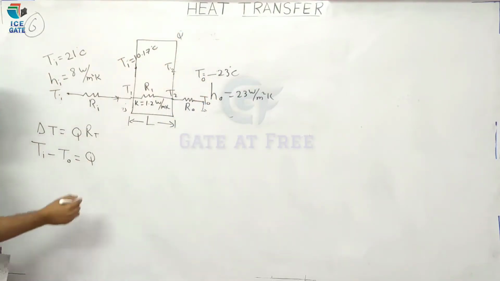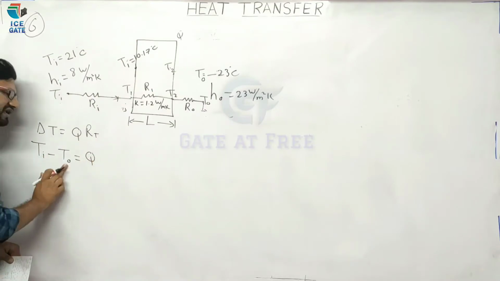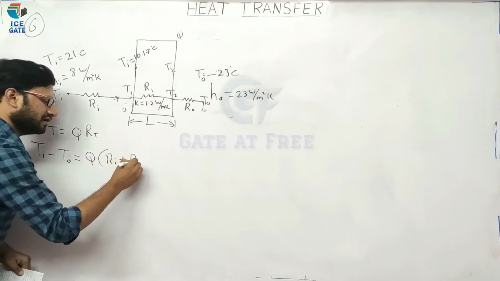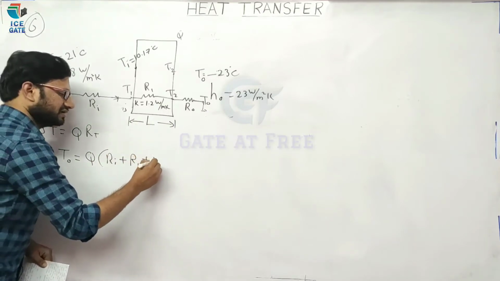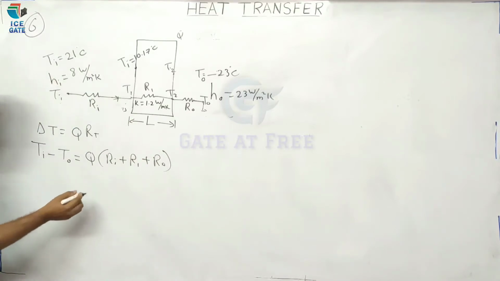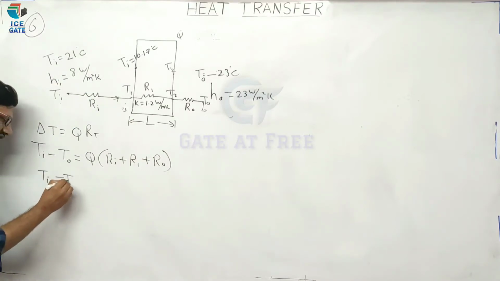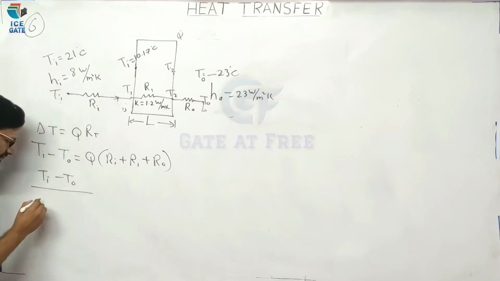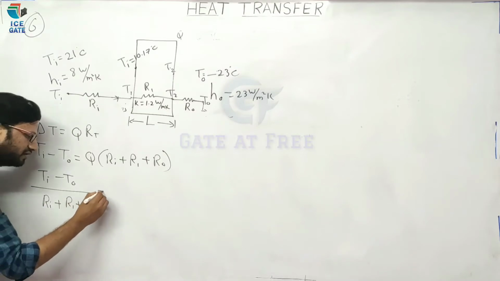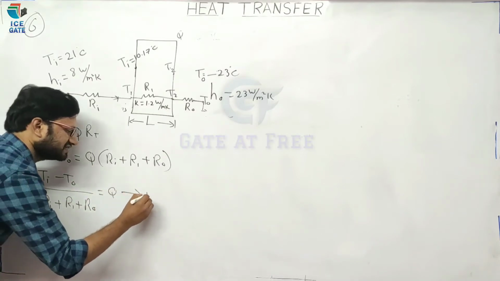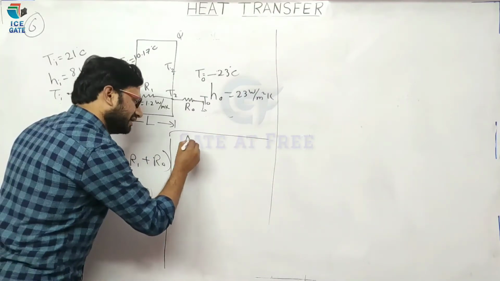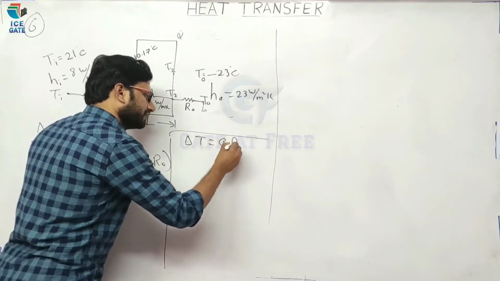Now what are the resistances in between Ti and T0? Ri plus R1 plus R0. Now Ti minus T0 divided by Ri plus R1 plus R0 equals Q. Make this equation 1. Now again, take delta T equal to QR.